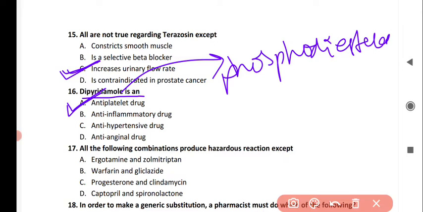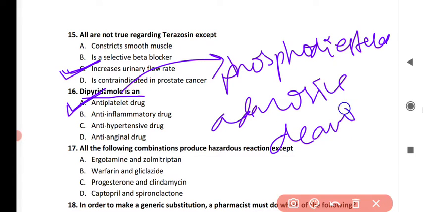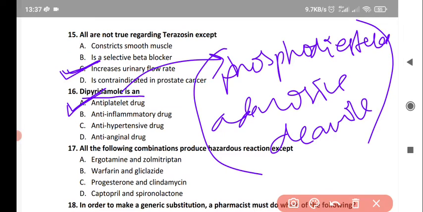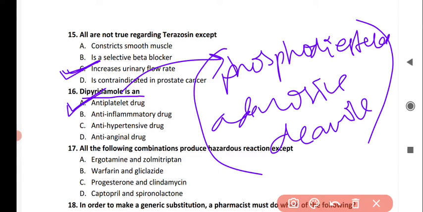It inhibits the functions of phosphodiesterase and adenosine deaminase, these two important enzymes.